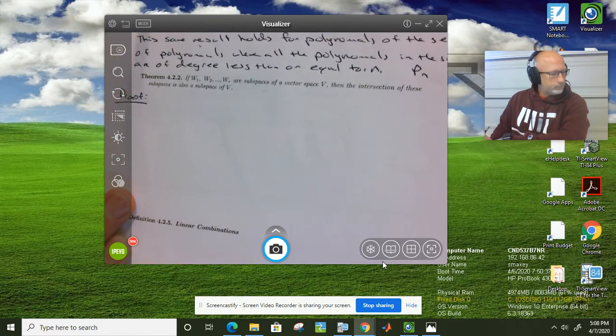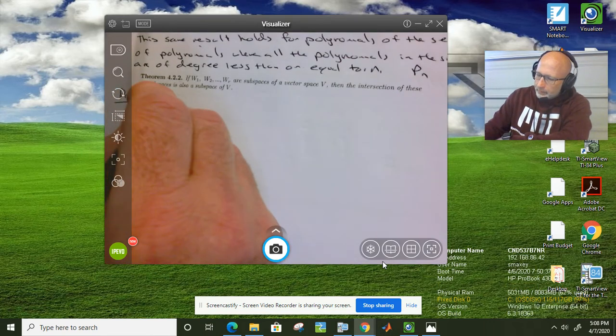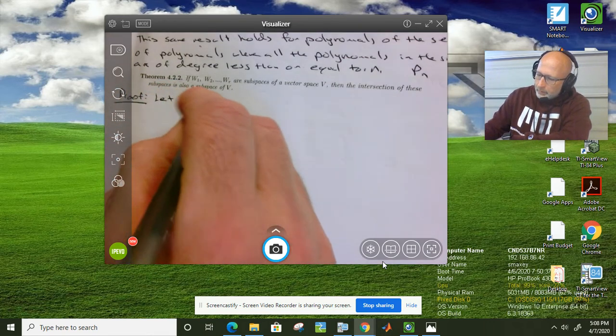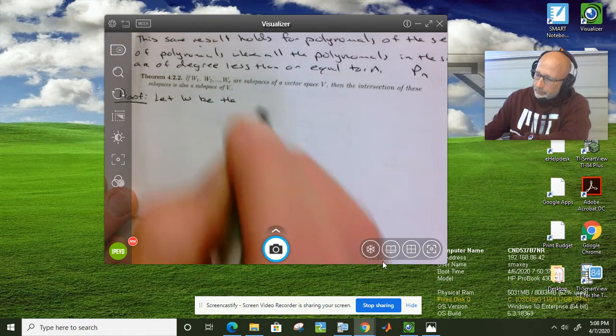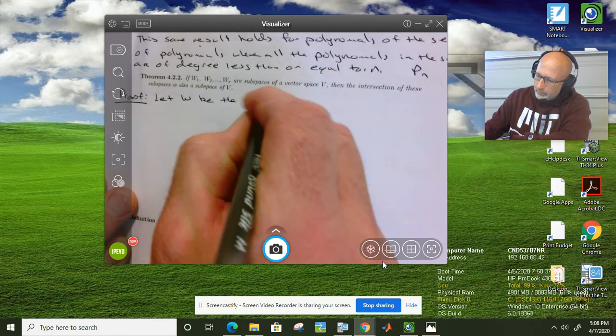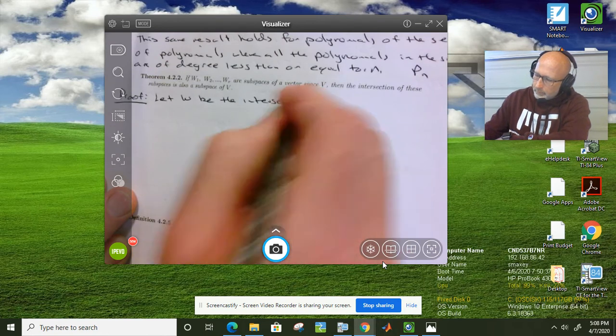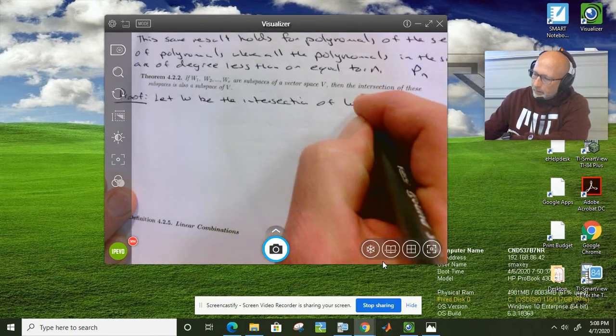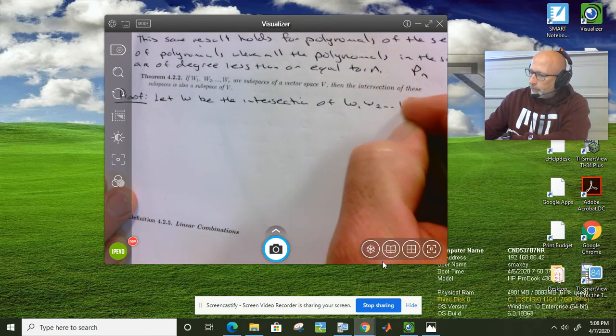Okay, so proof. We're going to let W be the intersection of W1, W2, all the way up to WR.